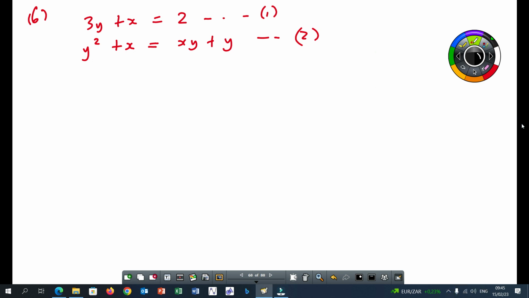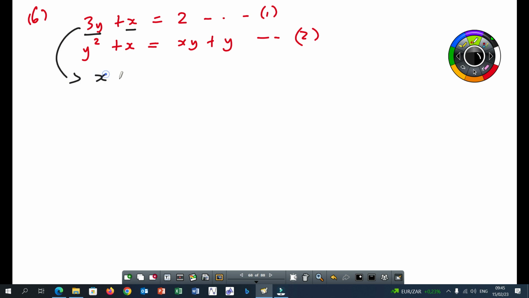Right, so quickly, the linear, because it is the simplest of the two. Okay? In this case here, the coefficient of y is a 3. I don't encourage you to make y the subject in this case, because you end up creating fractions, and you are most likely to make some silly mistakes along the way. So the coefficient of x there is a 1, so make x the subject.